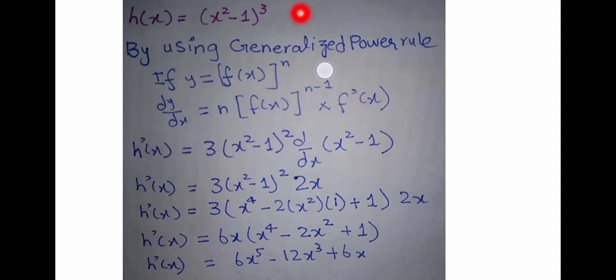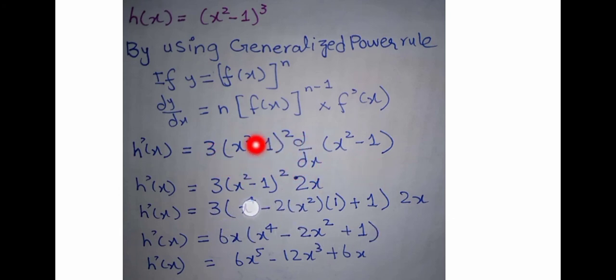For example, by solving this question, we take the power in the front, and then we get (x squared minus 1) raised to power 2 when we subtract 1 from 3, and by taking the derivative of this x squared minus 1 we get 2x. When we take the derivative of x squared, 2 comes in the front, x to the 2 minus 1, the new exponent is x, and the derivative of a constant number is 0.